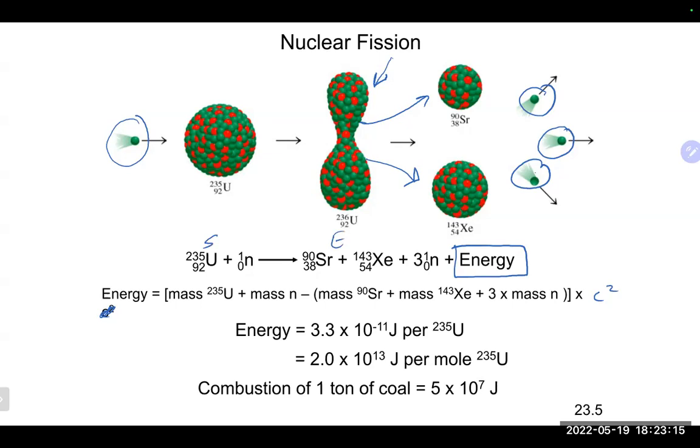We get something like 2 times 10 to the 13 joules per mole of uranium-235 as the amount of energy that comes out. If you compare that to a combustion reaction of coal, 1 ton of coal gives you about 5 times 10 to the 7. That is, again, a very big difference in terms of the energy. By the way, they compare it to coal because coal is also used to do what?